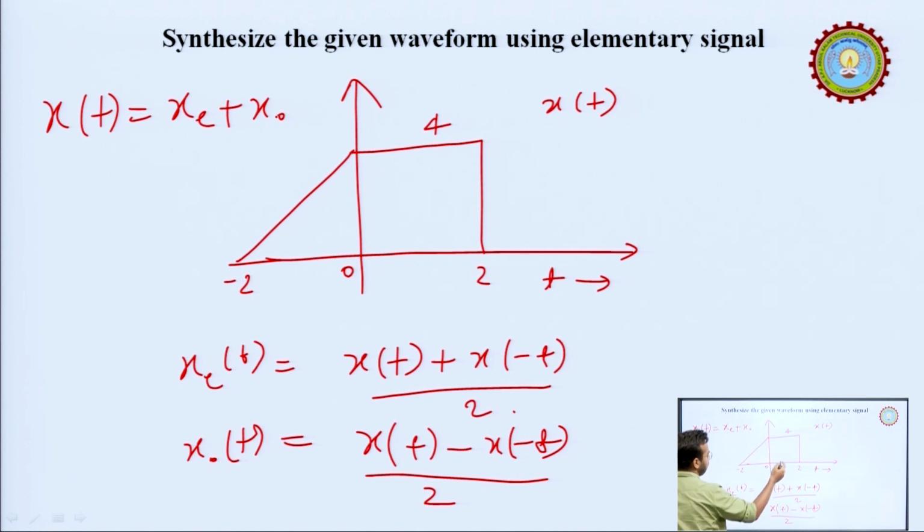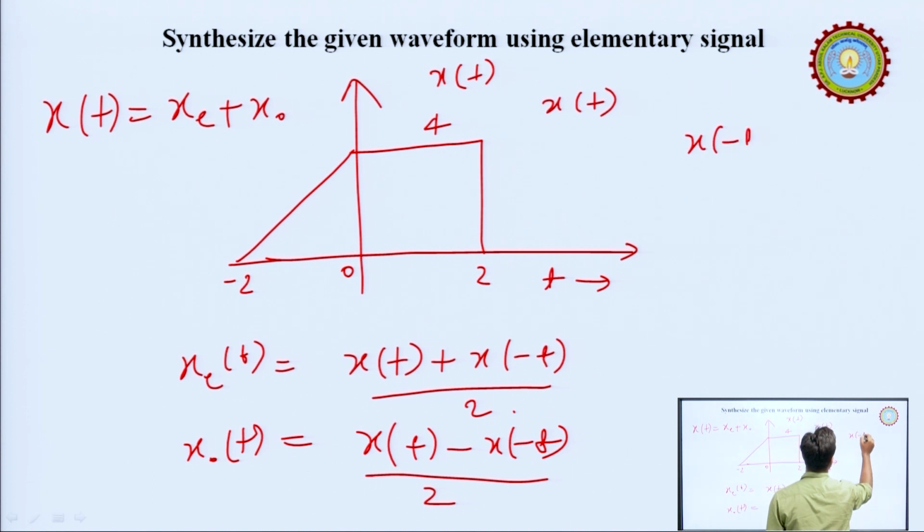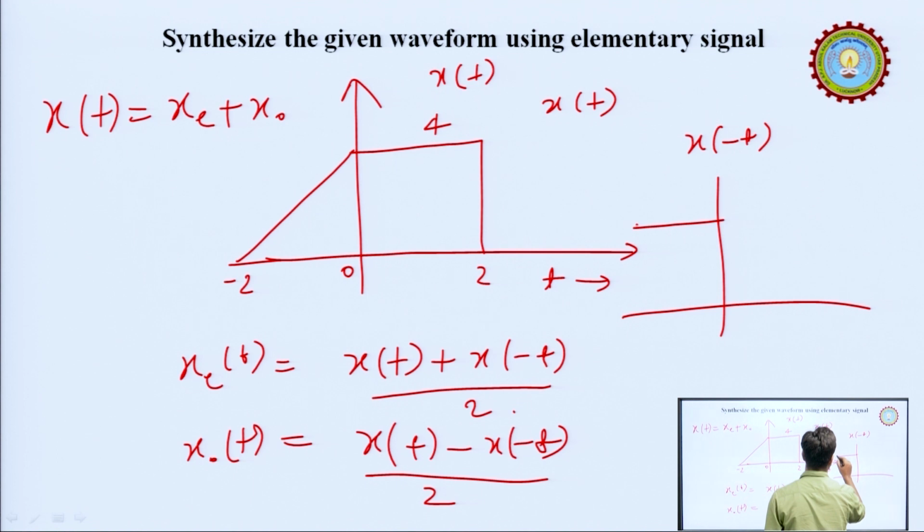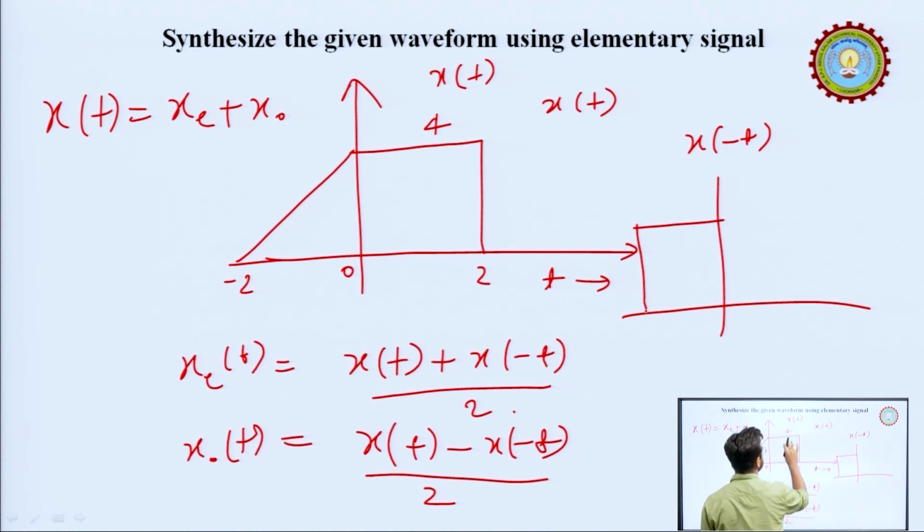So if this is x(t), what will be x(-t)? x(-t) will be like this. What is this? Basically this is time reversal. Which signal operation are we doing? We are doing time reversal.